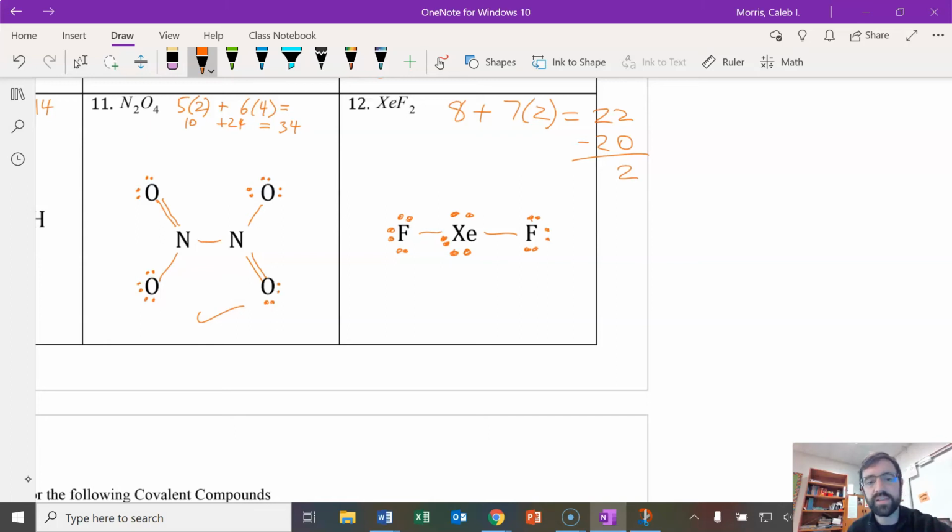In some cases, you're going to have more electrons on the central atom than it actually wants, as it is in this case. So fluorine has 8 around it. Xenon has 10 around it. 2, 4, 6, 8, 10. But that's just the way it is because we have to use all of our electrons. This is an expanded octet problem. So we're done with number 12.